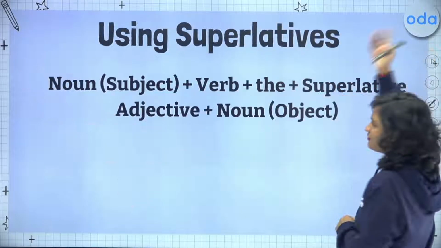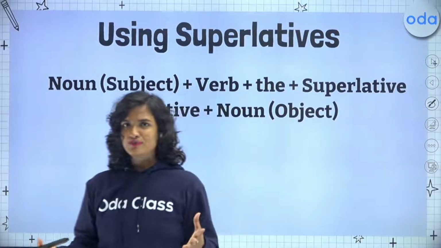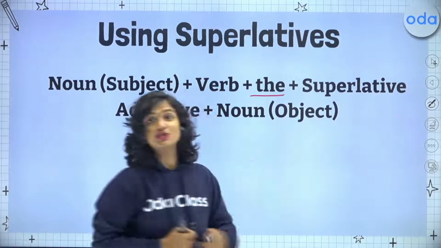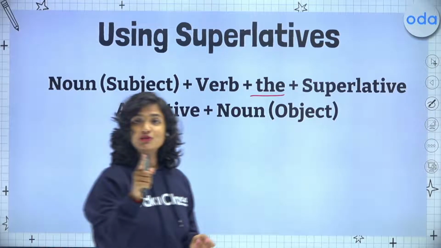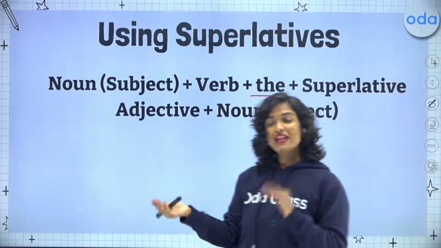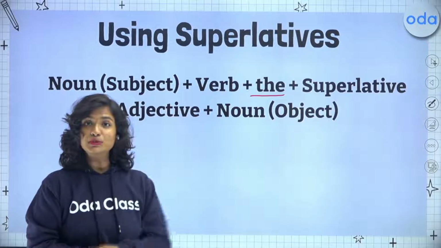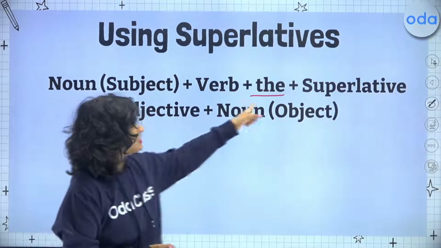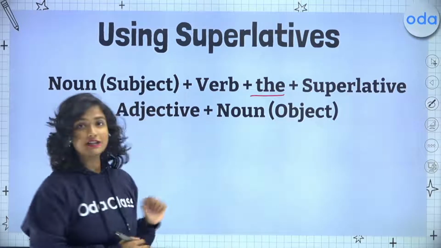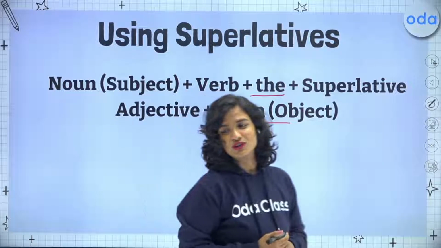So let's take a look at the formula as well. We have our subject followed by our verb, which is the same. Then we have our keyword, which is the, right? If you remember, students, in the comparative degree, we used than and we used it after the adjective. But for the superlative, we will use the, which is our keyword here, before our superlative adjective, and then we will follow it up with our object, of course.